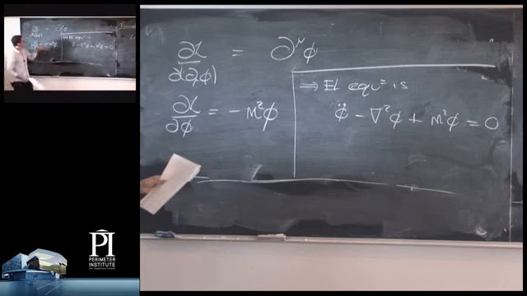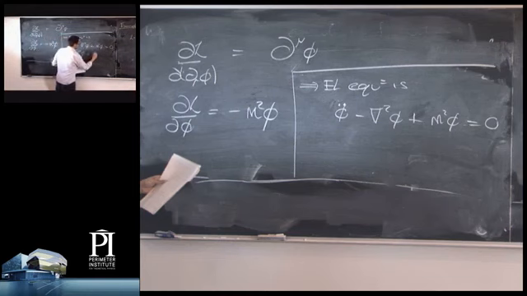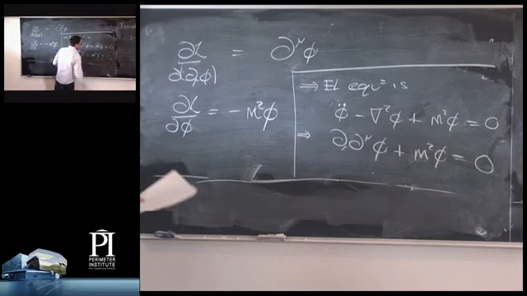And if you were to plug this into the Euler-Lagrange equations, you'll find this, which is the same thing as this. So this is what's called the Klein-Gordon equation.